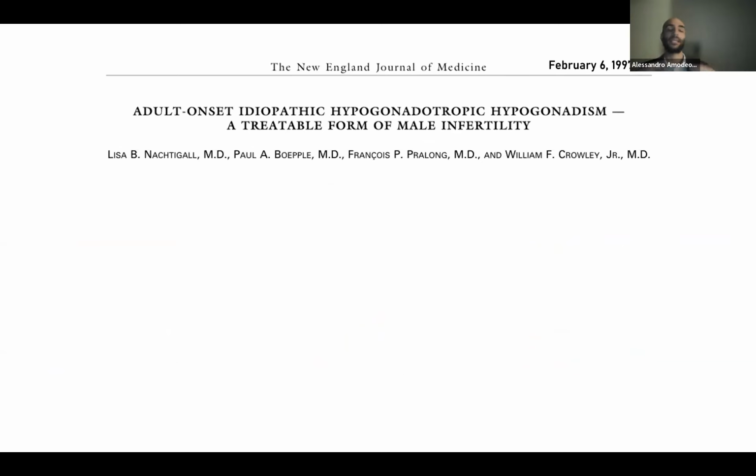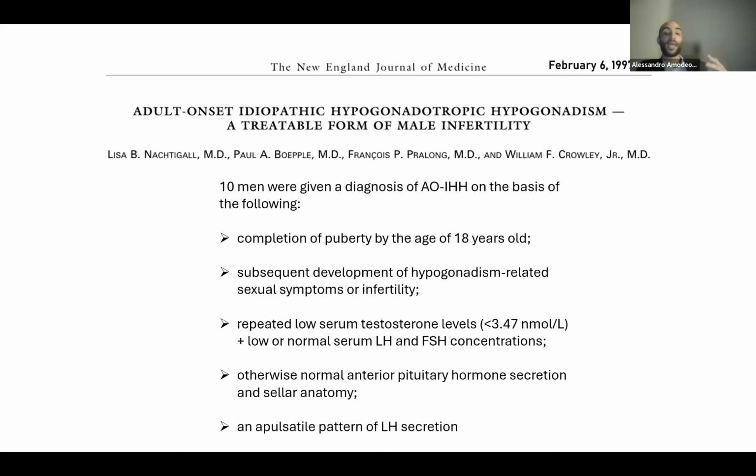But besides this classic prepubertal onset of congenital hypogonadotropic hypogonadism, adult onset idiopathic hypogonadotropic hypogonadism in men with a complete and spontaneous pubertal development and exclusion of causes of acquired hypogonadotropic hypogonadism have been described.